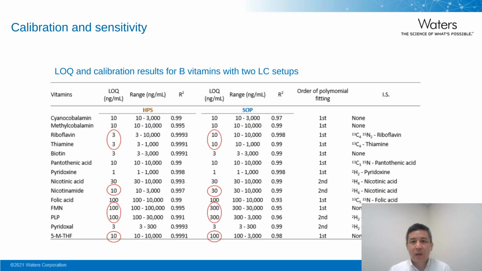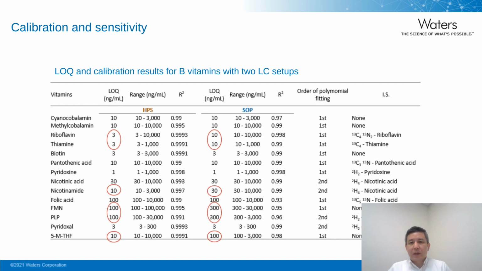So a more sensitive detection can be obtained with the HPS setup than the SOP setup. Here's more data about sensitivity and also the calibration. Here is a table listing the LOQ, the range of calibration, and also the R-squared for the fittings for the HPS and SOP setup for a number of B vitamins.